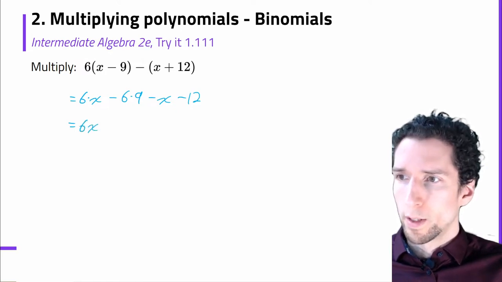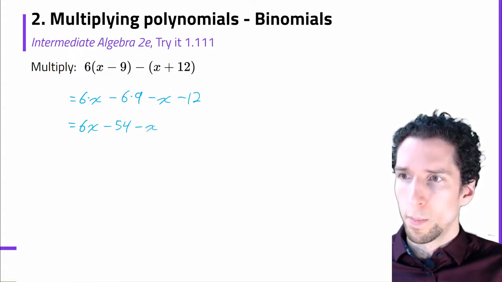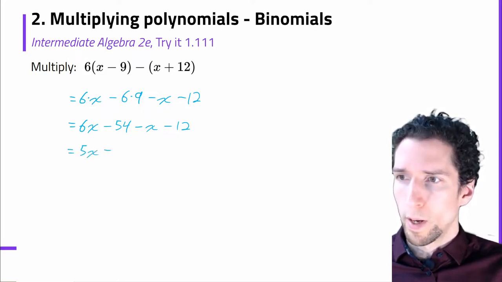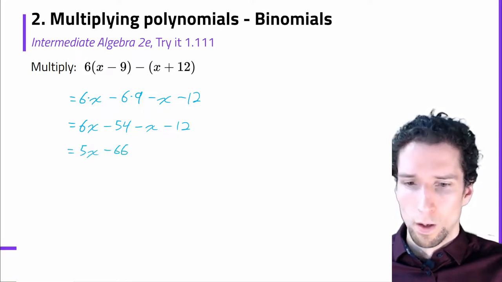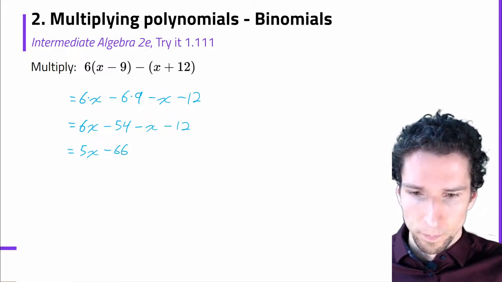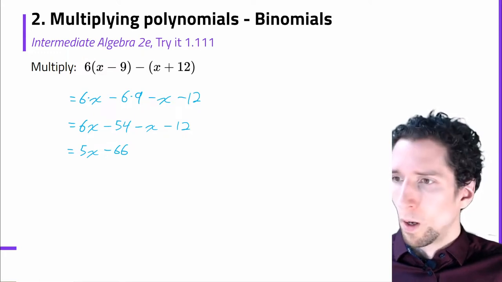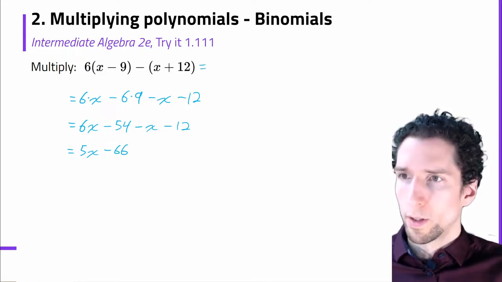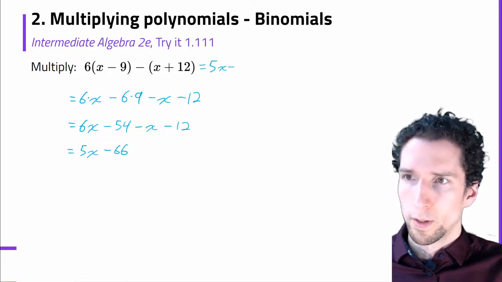So 6x minus 54 minus x minus 12, and that turns into 5x minus 66 here. Okay, so there is our answer, 5x minus 66.